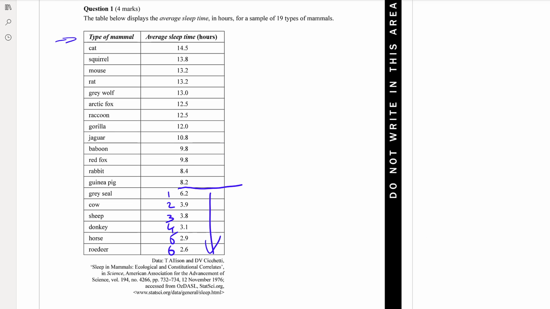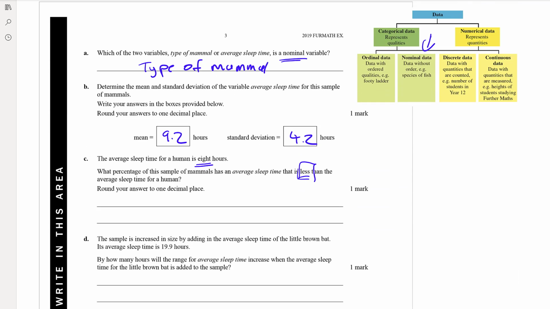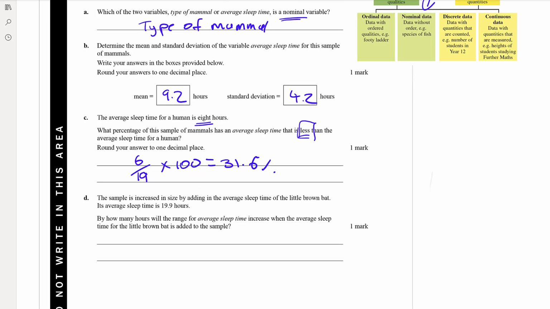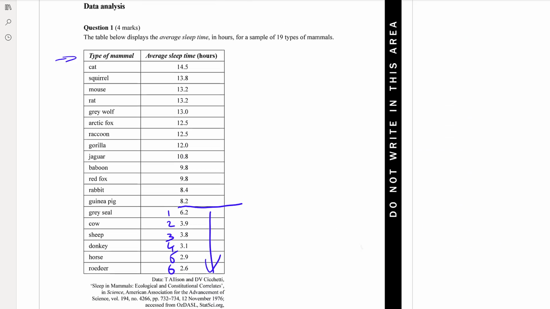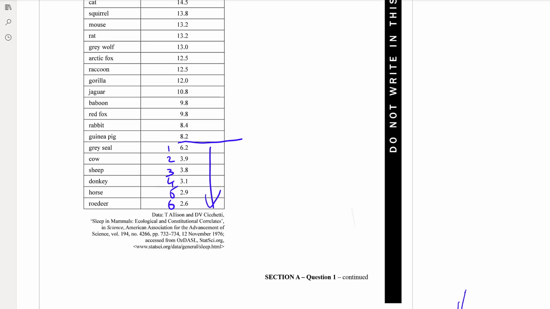So you've got 6 out of 19. So you go 6 divided by 19, multiplied by 100, of course, to get a percentage. And that's going to give you 31.6%. Remember, the 6 is to do with those below, that are less than the average sleep time for humans, and 19 is the number of different animals there.